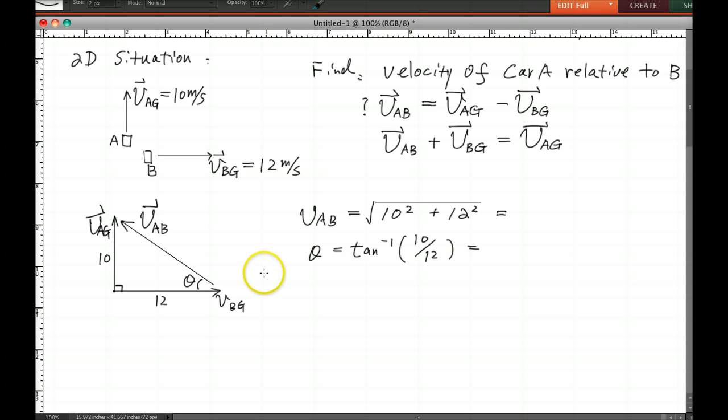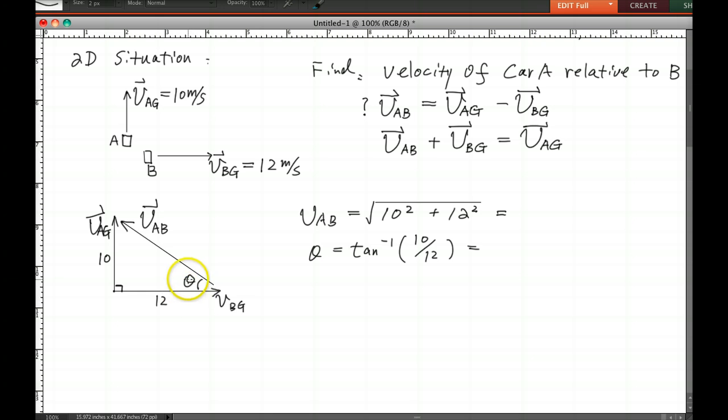Now on the test, if you draw the angle theta labeled like this, you don't need to tell me it's north of west. You just tell me how much the VAB is, how much the theta is. That's enough. I can clearly tell. But of course, you need to understand to tell people the direction.